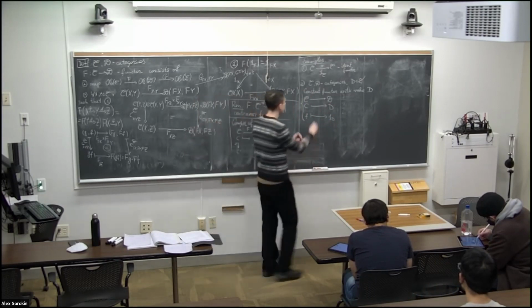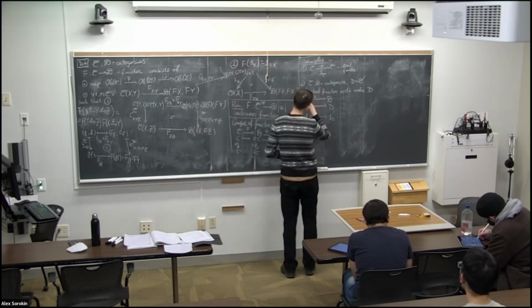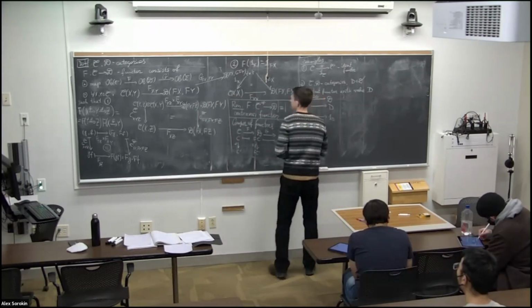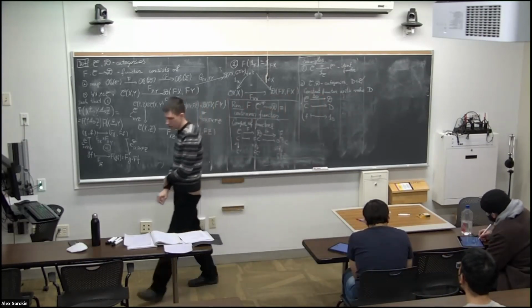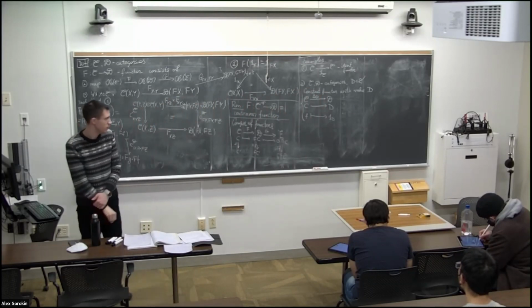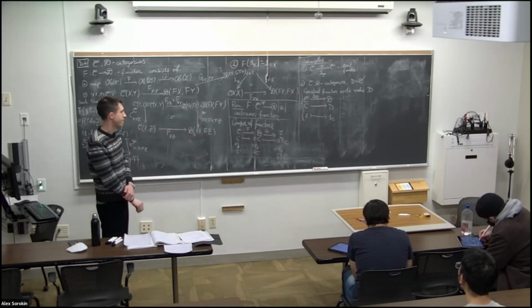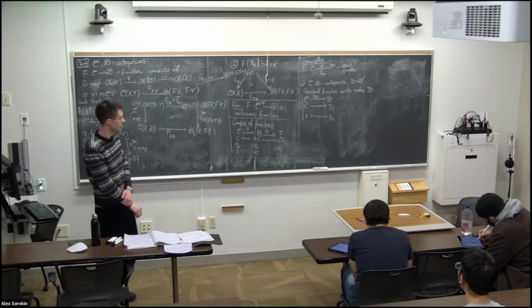This functor I will write as delta sub D. So let's write delta sub D. Okay.